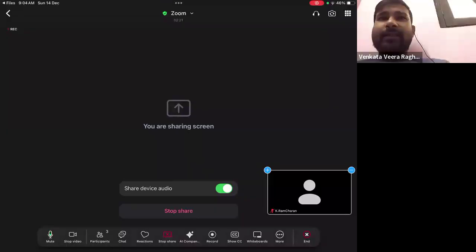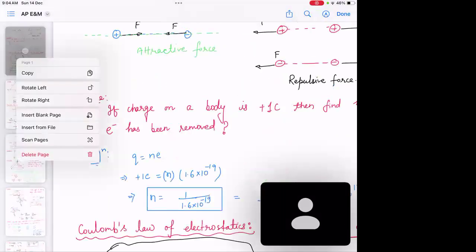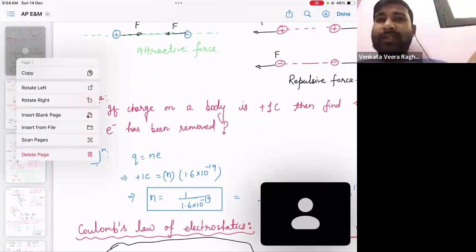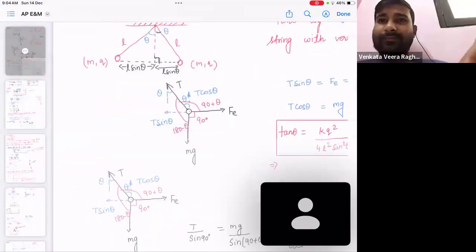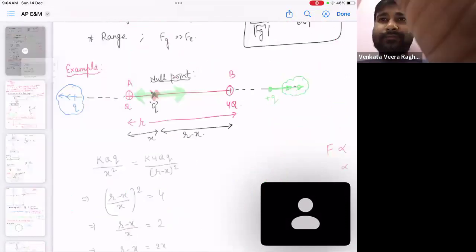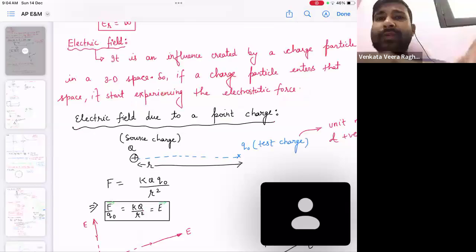Yeah, electric field lines we discussed last thing in the class. Okay. So let me reduce the number of pages. All the notes you are arranging now.